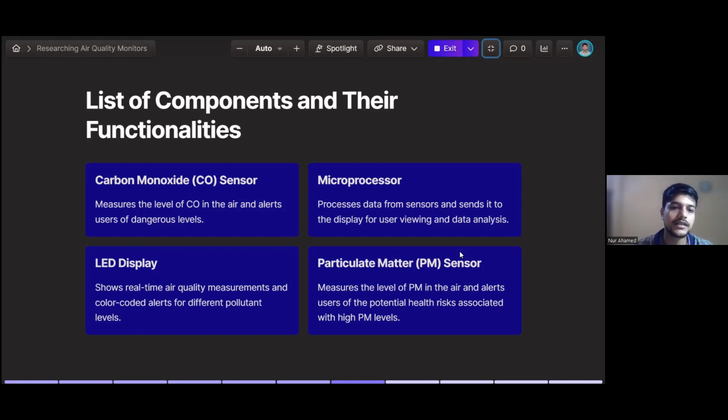The LED display shows real-time air quality measurements and color-coded alerts for different pollutant levels. Particulate matter (PM) sensors measure the level of PM in the air and alert users of the potential health risks associated with high PM levels. Going to the next slide.